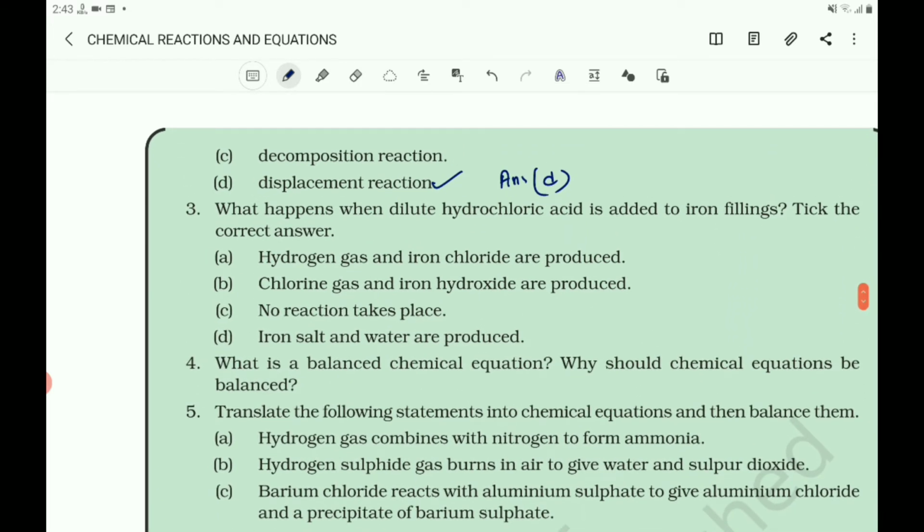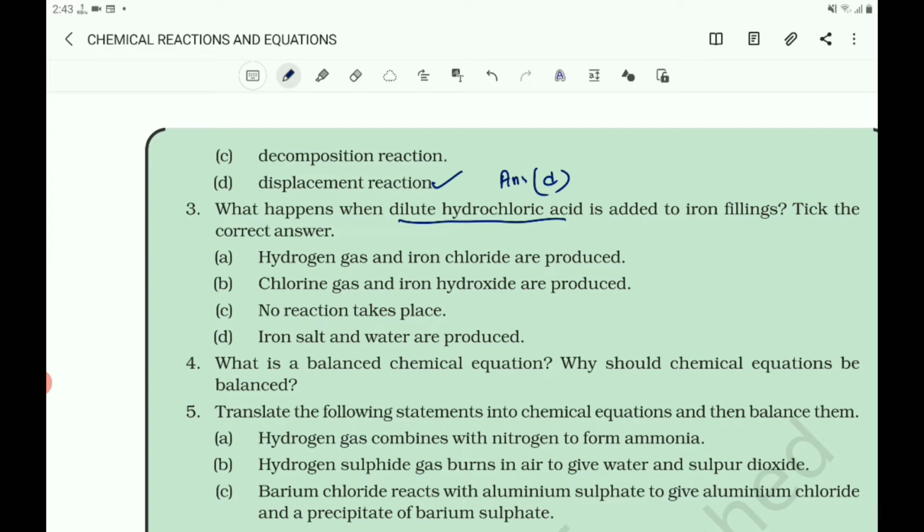Next you come to the third question. What happens when dilute hydrochloric acid is added to iron filings? Pick the correct answer.